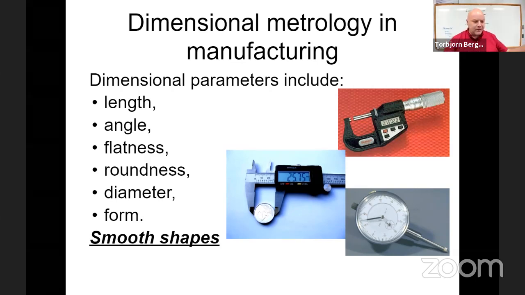And so is there anything else you could think of that you could measure in manufacturing? So we can measure length. If we measure length 3 times, we've got volume. What else could we measure in manufacturing to control our process?